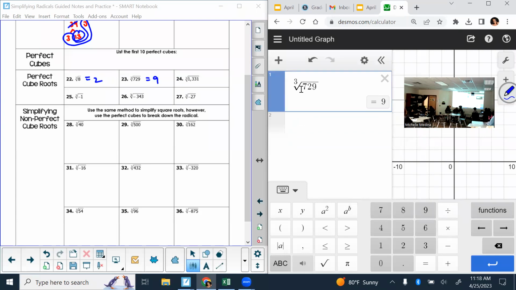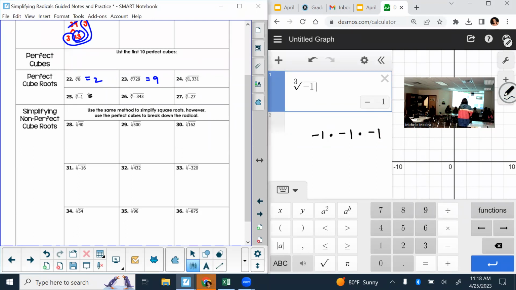Do you think I could do a cube root of a negative number? Yes, you actually can. So like in number 25 on your note sheet, that example is the cube root of -1. It is possible to do -1 times -1 times -1, that's -1 cubed, and get a negative answer, because you just need an odd number of negatives.